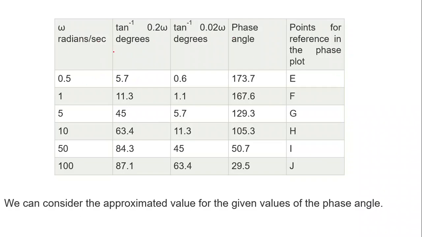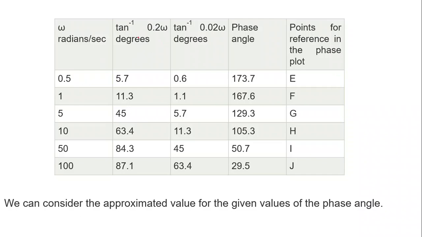In the columns we take omega, that is our frequencies, then for the first pole tan inverse of 0.2 omega in one column, tan inverse of 0.02 omega in the second column, and the phase angle in the third column. After that we take the reference points.